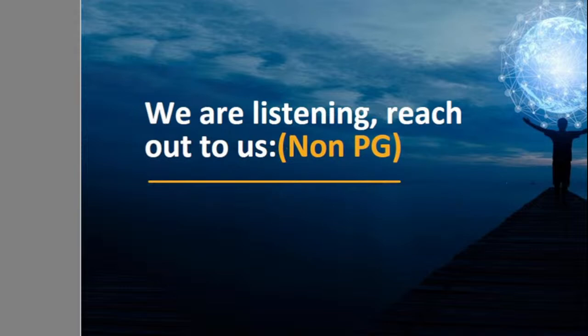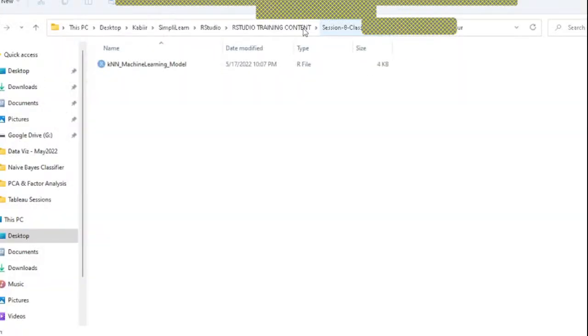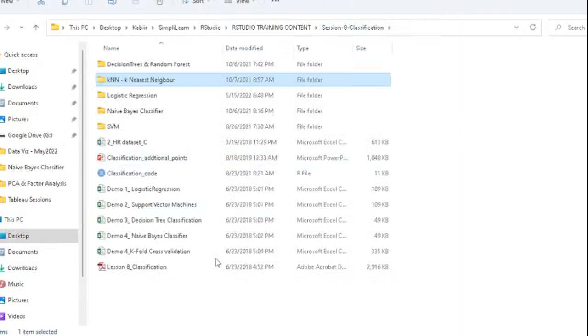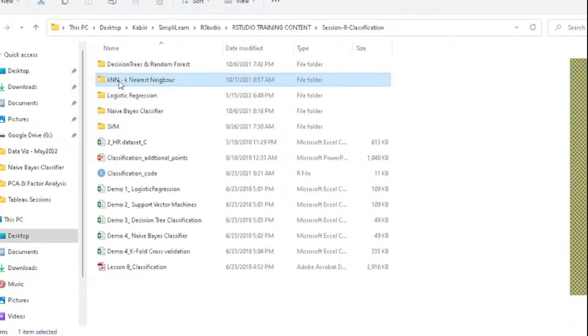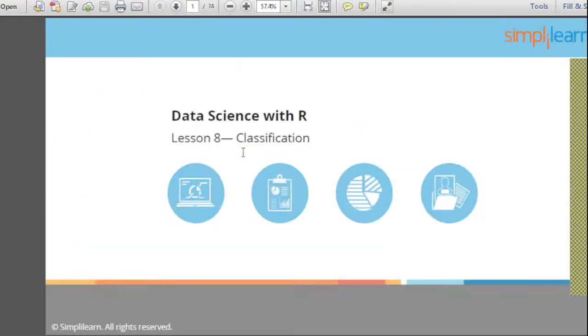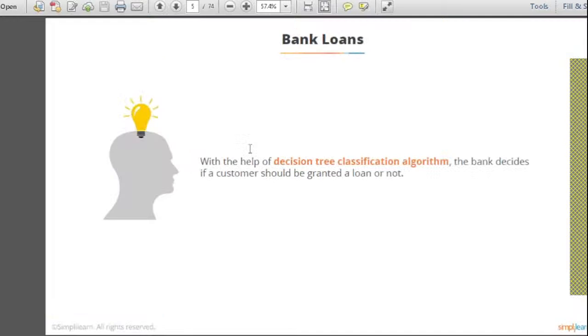Today we're going to do KNN classification, K nearest neighbor. You have all seen a lot of classification algorithms we have done. KNN is the last classification algorithm in our curriculum, and after that today we are going to do clustering.